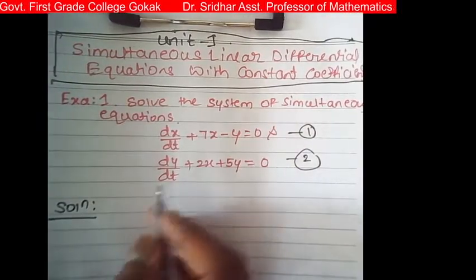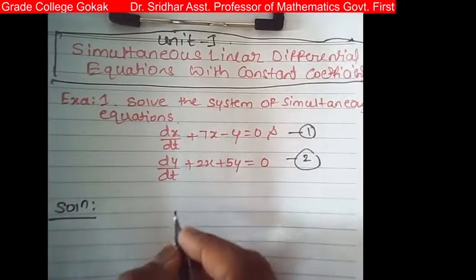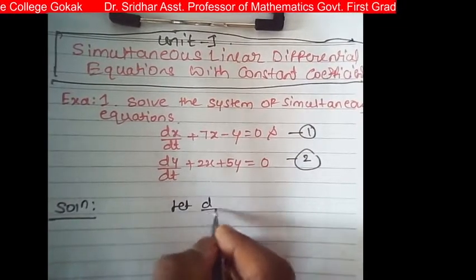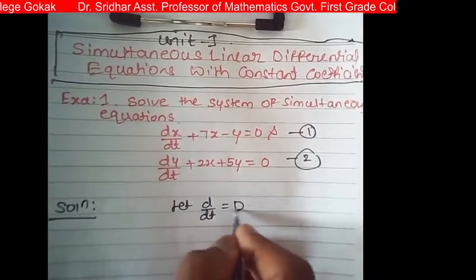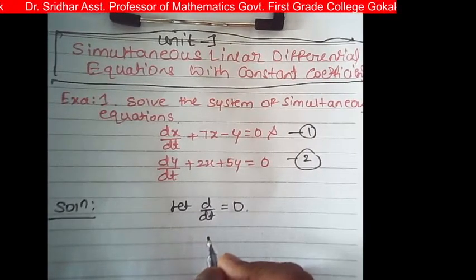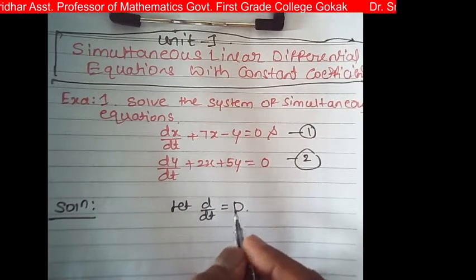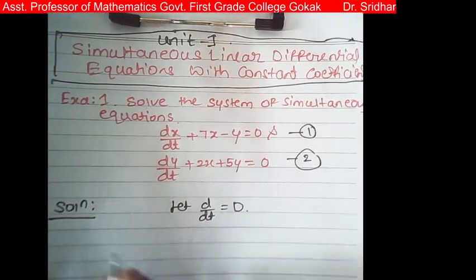Next, in this case, let us denote d by dt is equal to D. Okay, for our convenience, let us denote d by dt as capital D. Now we are replacing here.